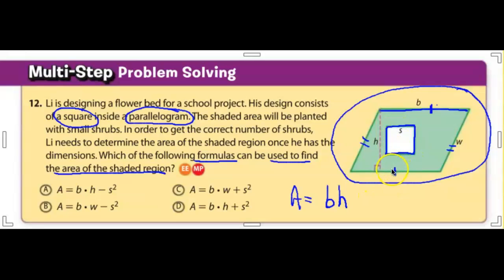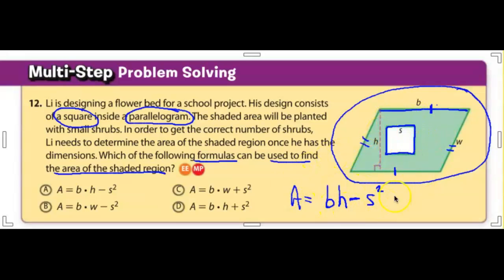Now you'll notice that we could also have discovered that by using the formula length times width, but the length and the width would be the same, but the most accurate formula to use would be s squared. And then the operation that would be important to use would be subtraction. So we're going to determine the answer by area is equal to base times height minus s squared, and that will give us this green area.